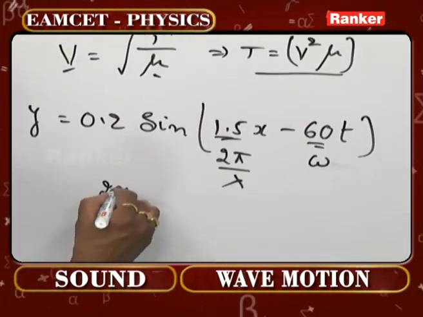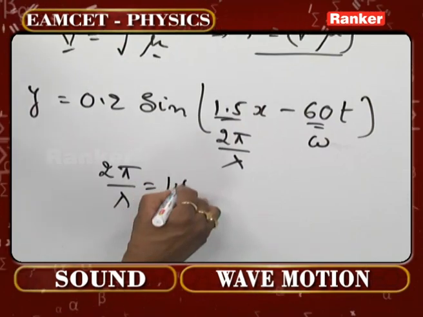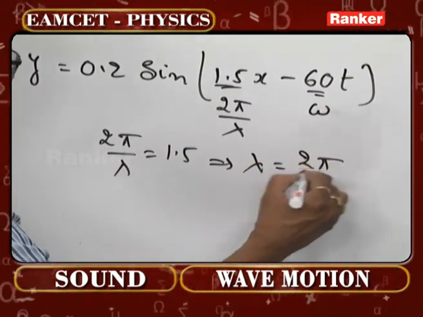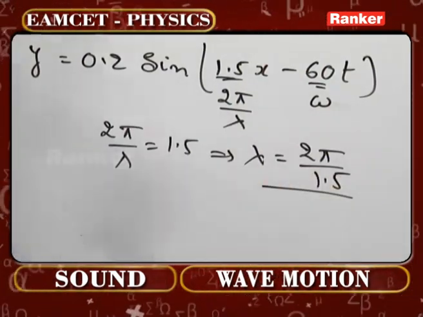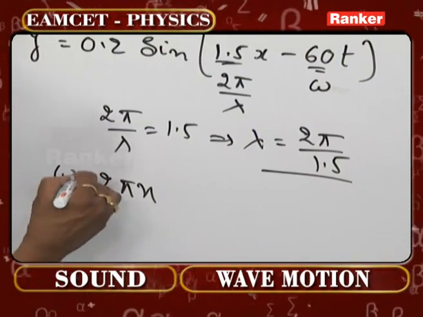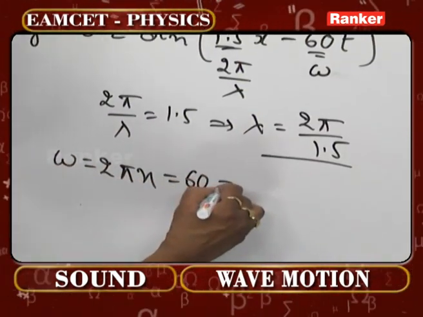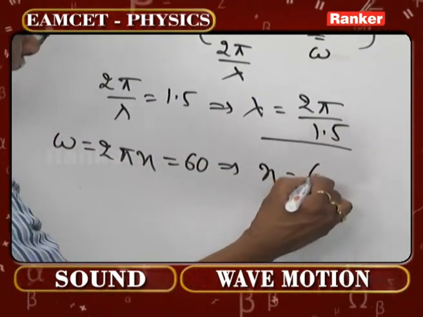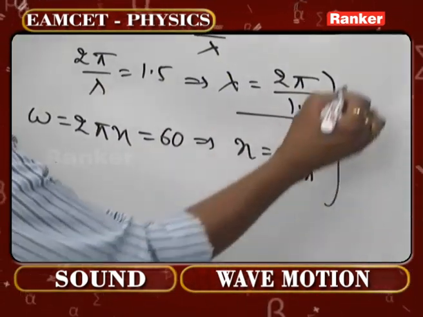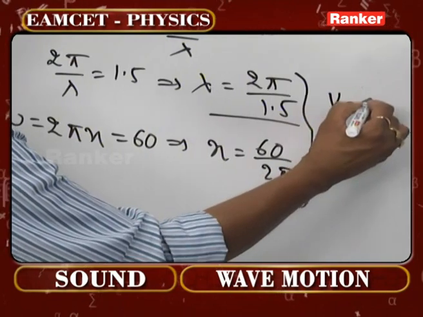So 2 pi by lambda, when it is 1.5, what will be the value of lambda? 2 pi by 1.5 you can take. And of course, omega is 2 pi n, you can understand. That value is given as 60. Then what will be n now? 60 by 2 pi. Now you can take these two and estimate what the velocity is first.